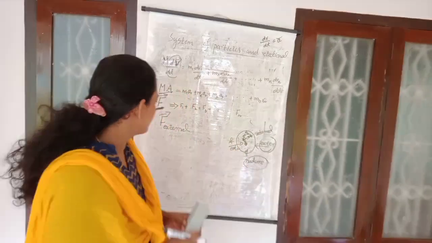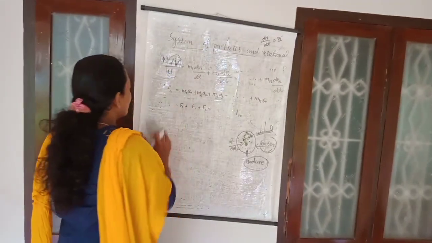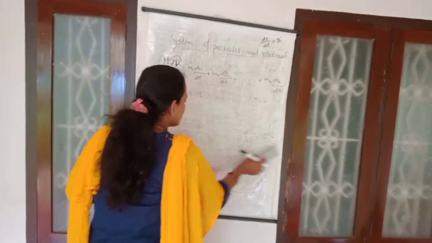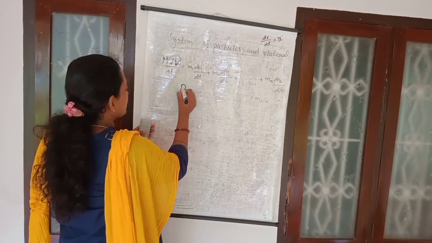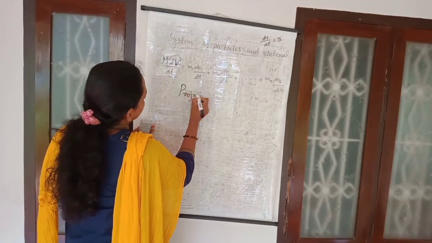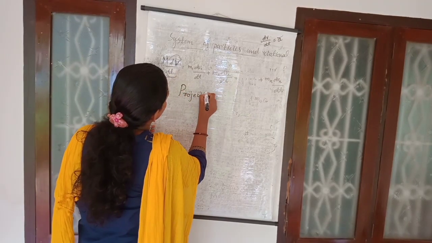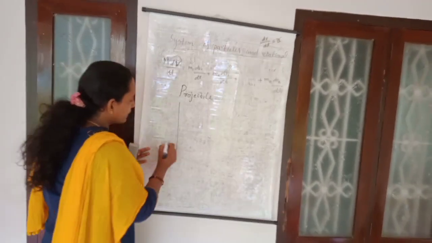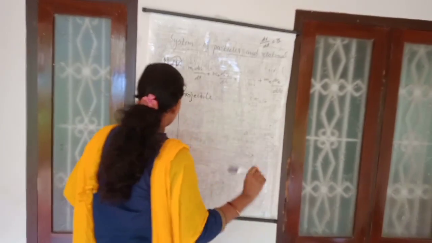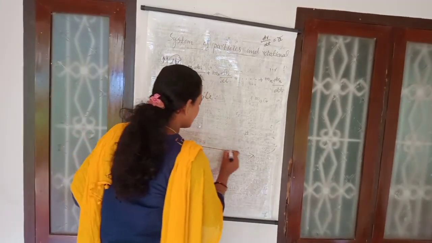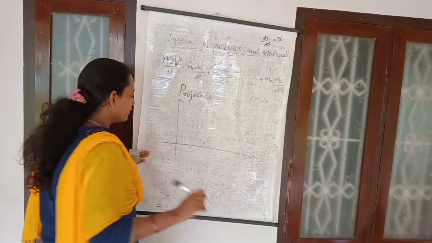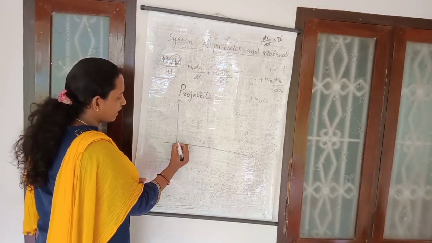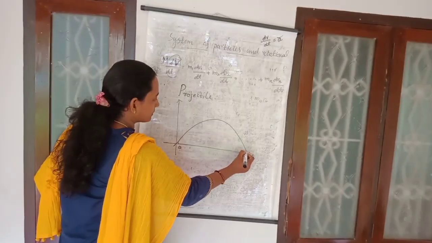And one of the best examples to understand the center of mass motion, where we just consider the external force, is projectile motion. Whenever you studied the projectile, you know that a projectile which is fired from the horizontal line at a certain angle theta will follow a parabolic path.